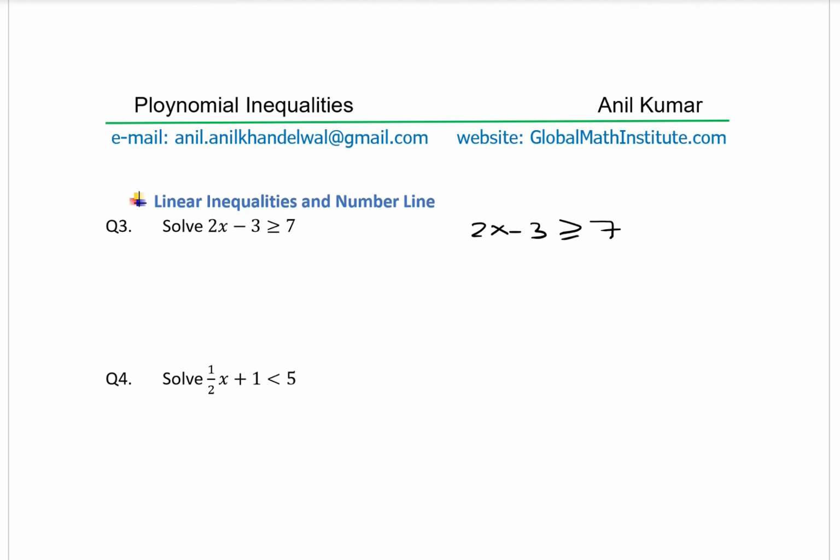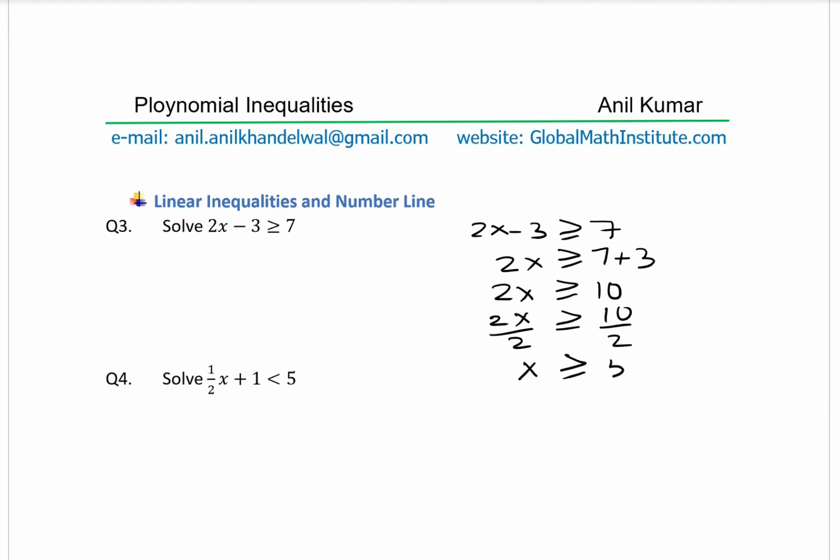So it is to be solved like equations. We'll bring 3 to the other side and we say 2x is greater than or equal to 7 plus 3. We can say 2x is greater than or equal to 10. Dividing by 2 both sides, we get 10 divided by 2. Our answer, which is x, is greater than or equal to 5.